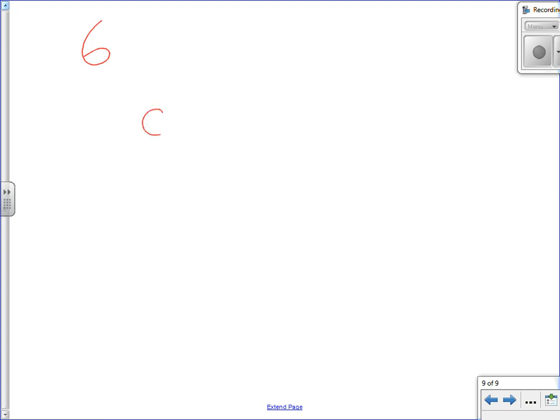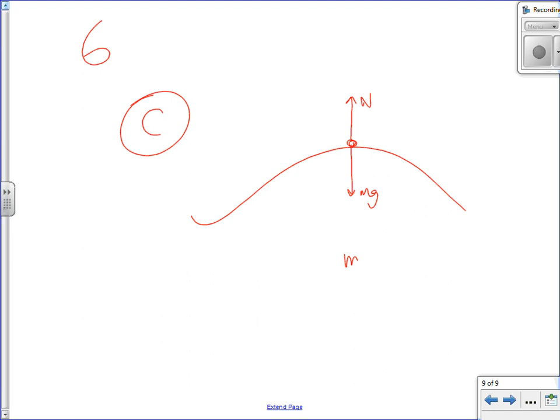If you do something like this at the top here, we've got mg, we've got N. Well, we're going to get mg minus N is mv squared over r. Notice, we can actually get rid of N and have the cars stay on there just because of gravitational force.